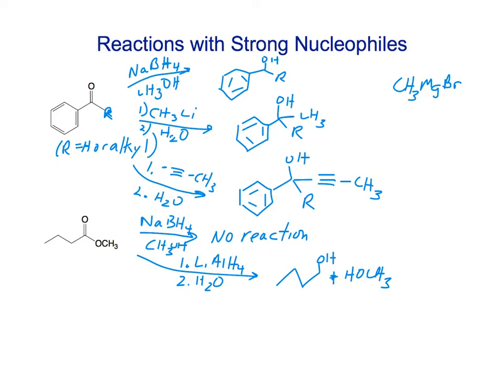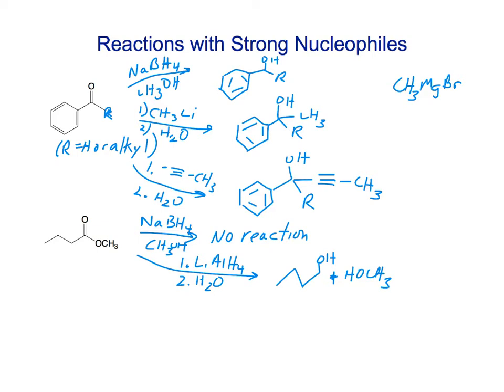We'll also be able to do the same thing with a Grignard reagent. Yes, we'll do that next. We can still add a Grignard reagent to an ester, but it won't give this.